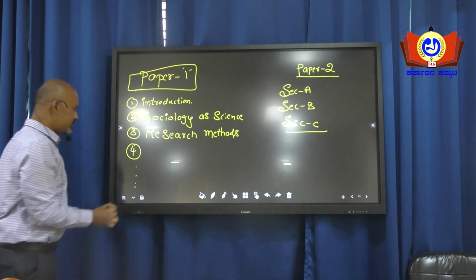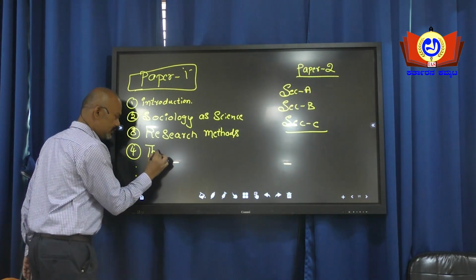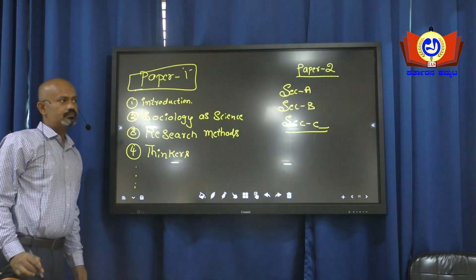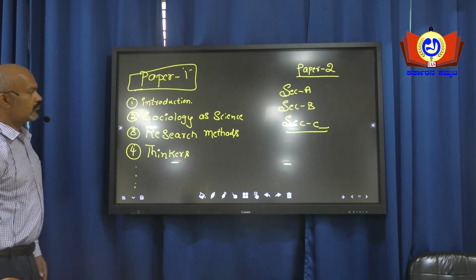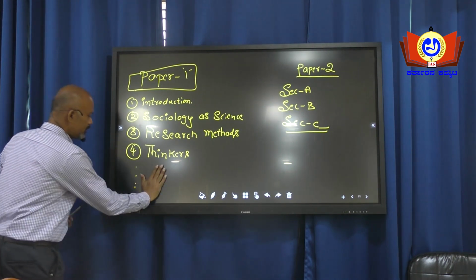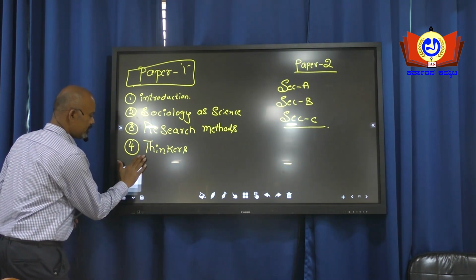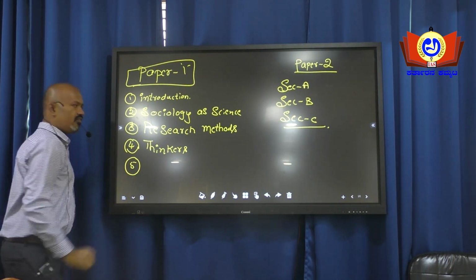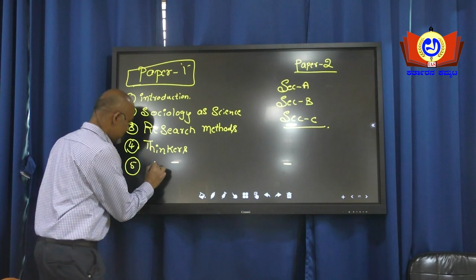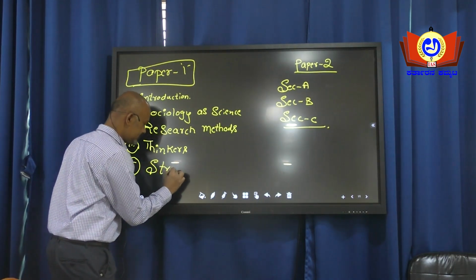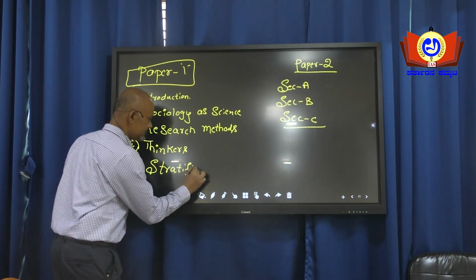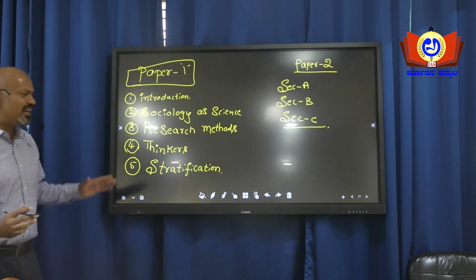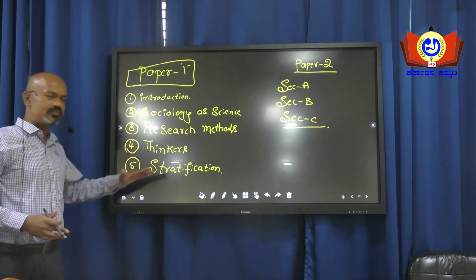And the fourth chapter, a very important chapter, is thinkers. And the fifth chapter is stratification. The meaning of stratification is, we can equate it with inequality.